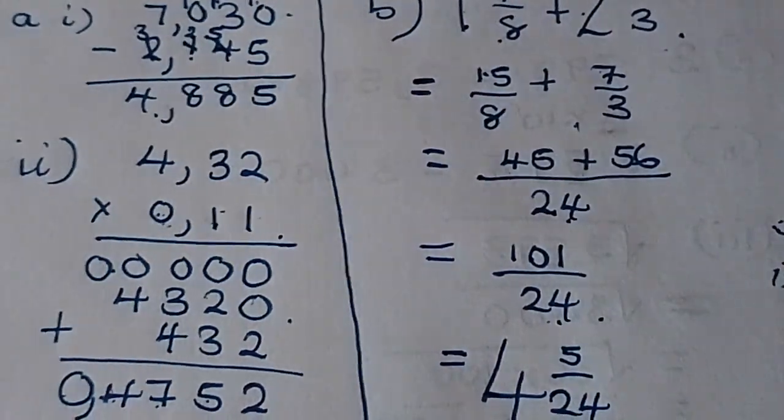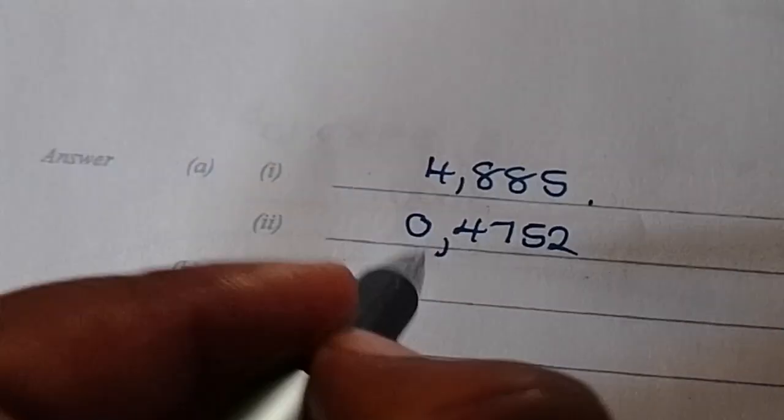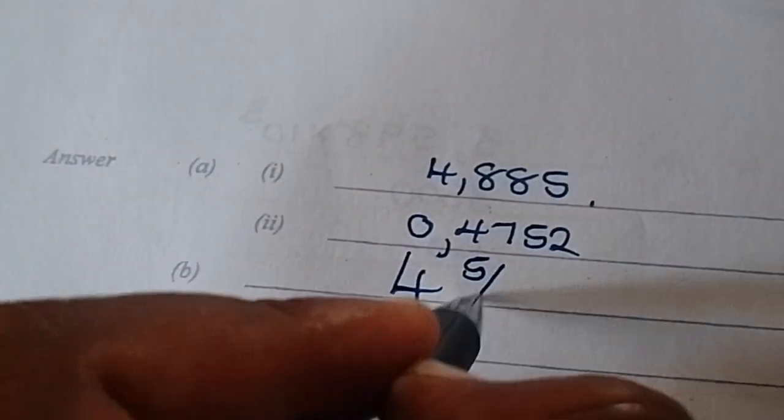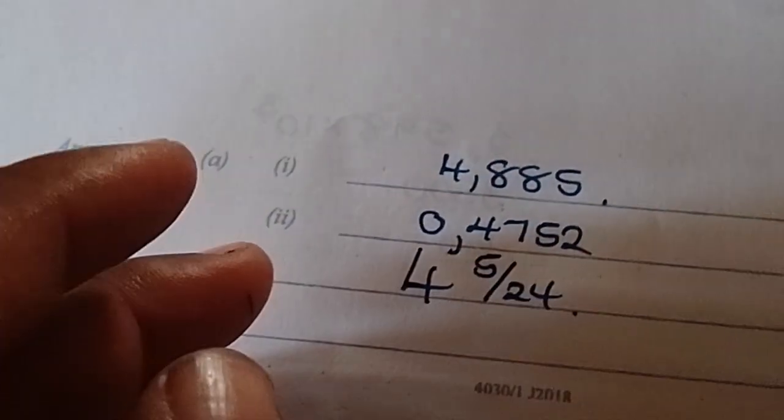So our answer is 4 and 5 over 24. Right, then number 3.